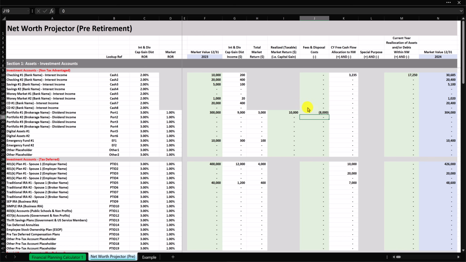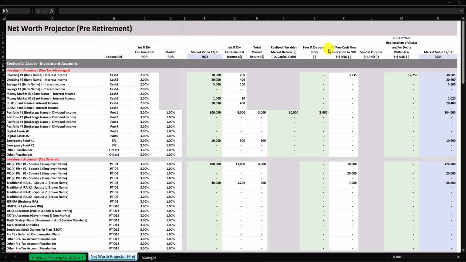So it does decrease our net worth, but it's not an item that we are budgeting for as far as our cash flow analysis over here. It's just an expense that disappears, quote unquote, directly out of the brokerage account. And so that's an example of something that could go here that would reduce our net worth as of the end of the year, but doesn't run through this column.